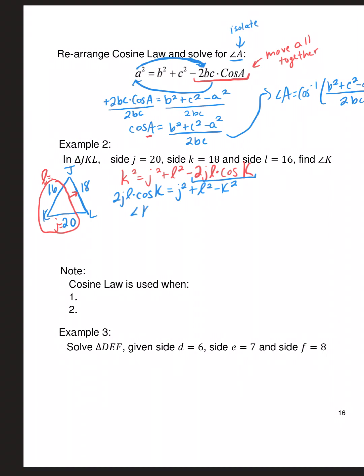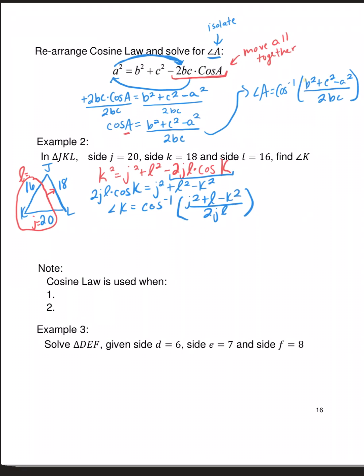So we're going to end up with angle K is equal to the cos inverse. I'm skipping a couple steps here because hopefully you can see what we did in that previous example. Divided by 2JL. I'm just going to highlight here so you can see the pattern is going to stay the same. So here, in our previous example, we had b squared plus c squared minus a squared, all over 2bc, and then we took the cos inverse of that.